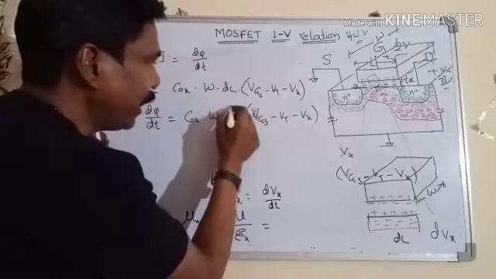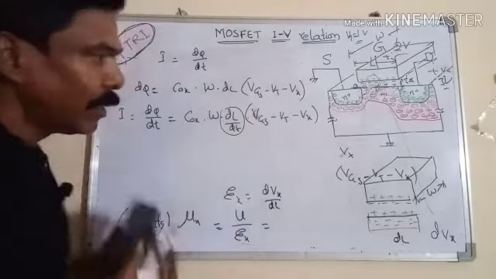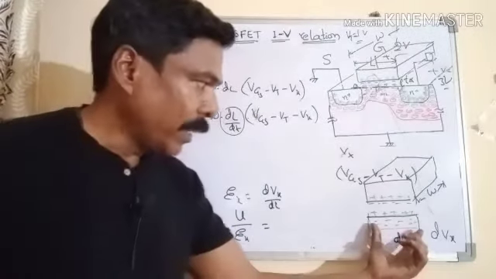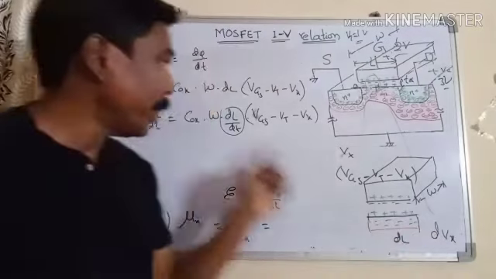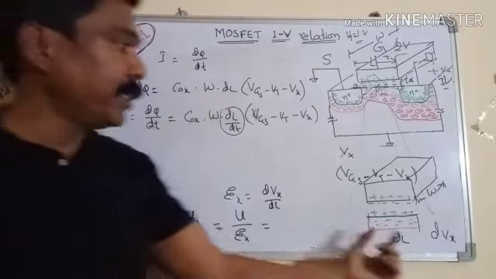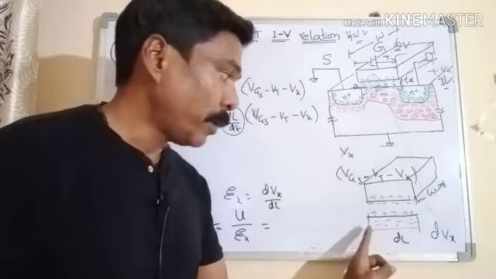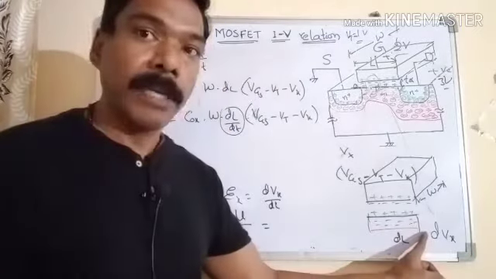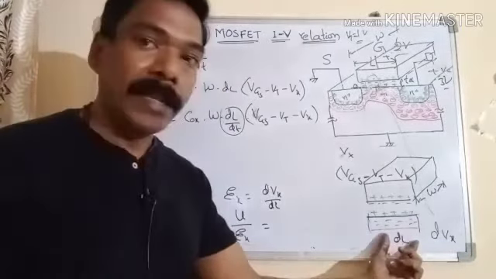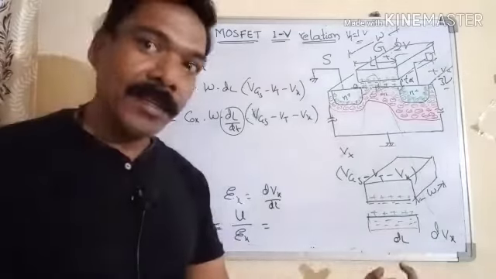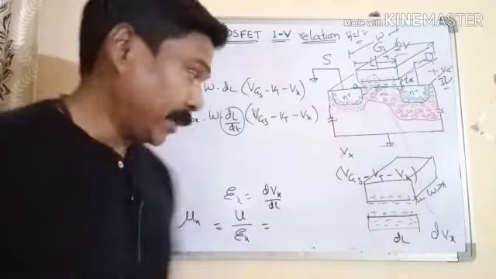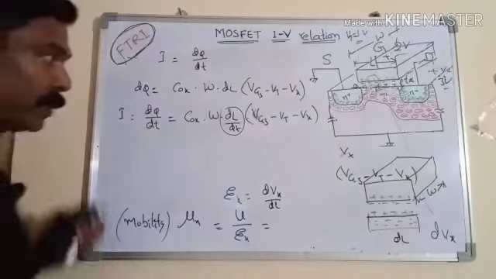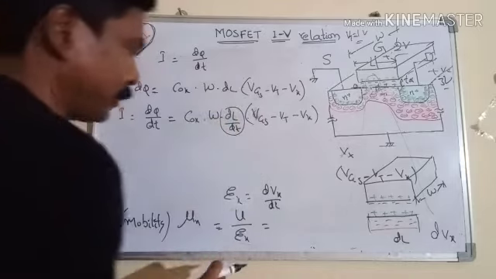Here dl by dt can be treated as the velocity of the carriers. As I said, the current is given by dq by dt, where dt is the time taken to cross from the left side to the right side of this elemental block, and dl is the length. So dl by dt is the drift velocity of the carriers. We can replace dl by dt with u.